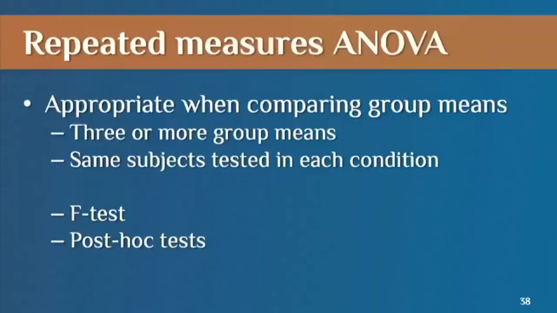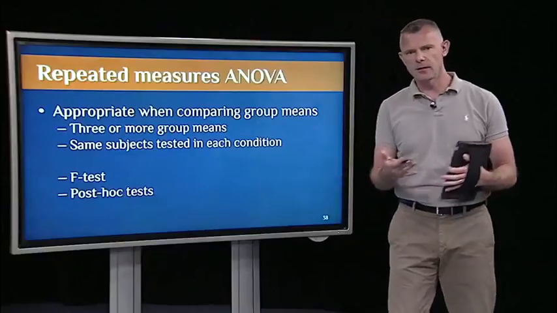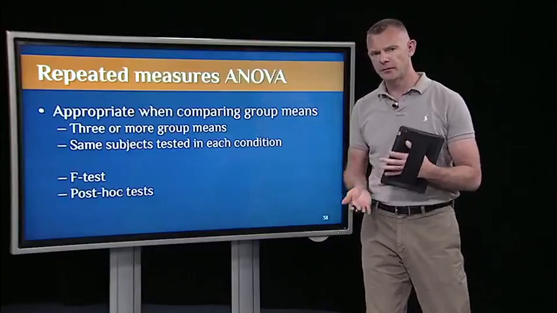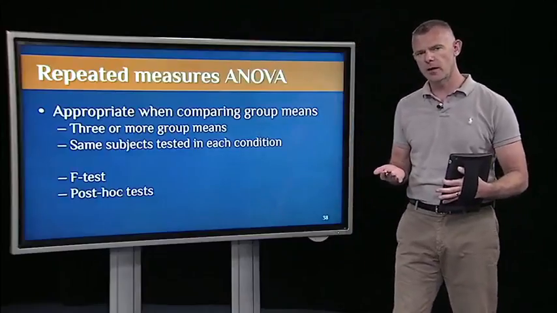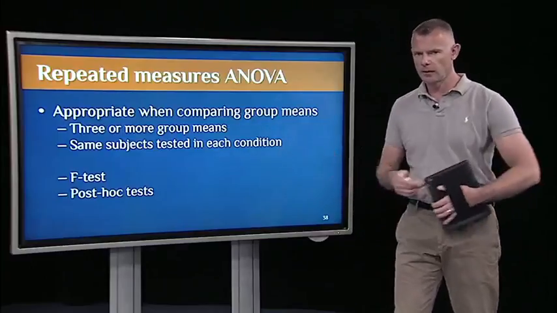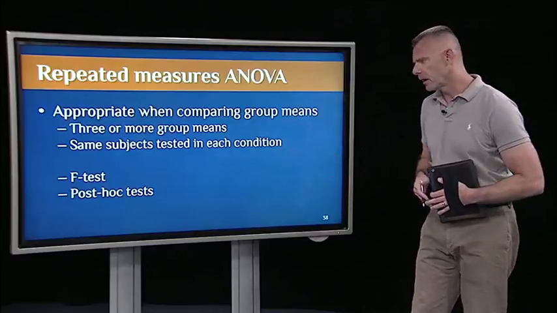So to summarize this segment, repeated measures ANOVAs are appropriate when you're comparing group means, and specifically when you're comparing 3 or more group means that come from the same sample of subjects. And as we covered in this lecture, there are a lot of benefits and a lot of risks involved in repeated measures designs, and you have to weigh those if you're considering doing experimental research and making a decision between a between groups design and a repeated measures design.